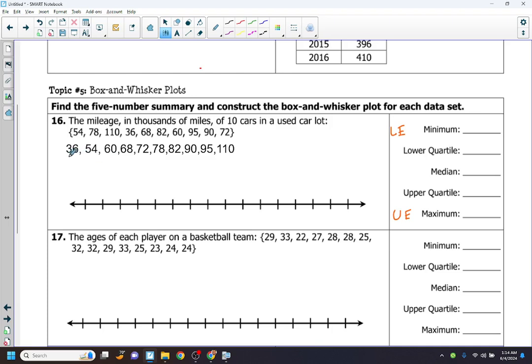We're just going to count from the outside in. In this scenario, we have two numbers in the middle. So the number in between 72 and 78, 72 plus 78 divided by 2, that's going to be 75. So that is 75.